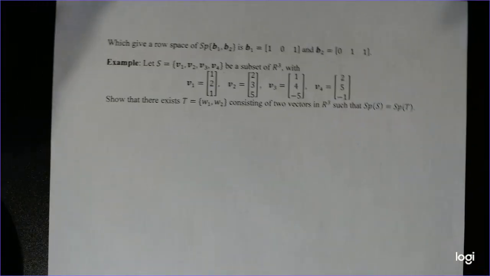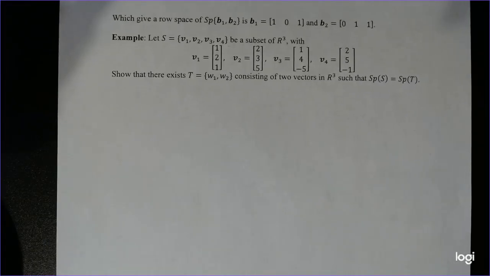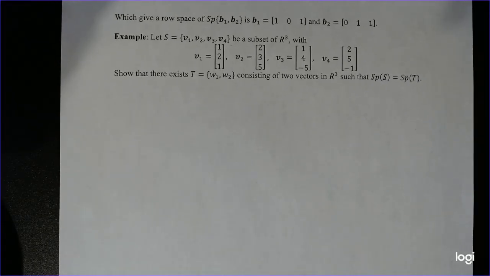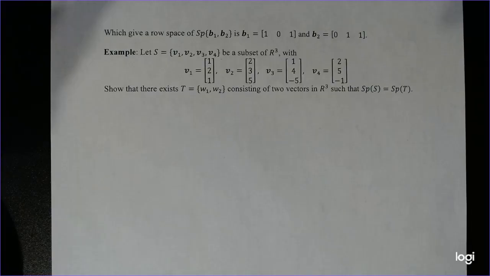Now, that can get a little confusing, how to actually do this, because now we get a very interesting type of situation here. So let's try this example out going forward. Let S be the vectors v1 through v4, a subset of R3. These are my vectors.